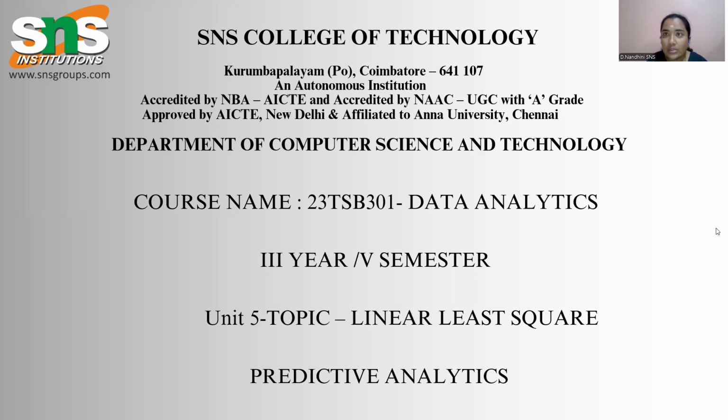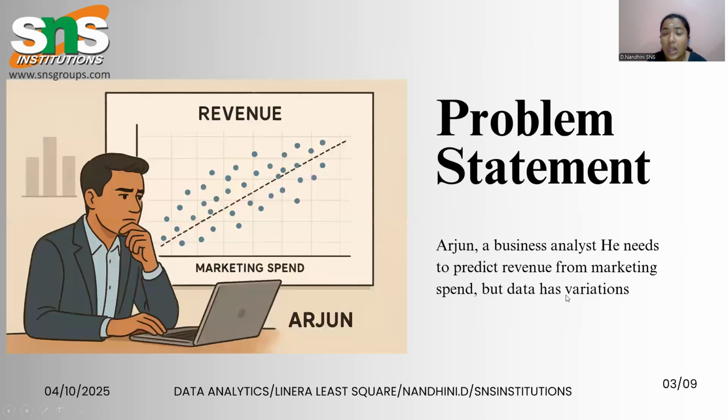In this, we are going to see one problem statement. In that, how we are using this linear least square. The problem statement is that Arjun, a business analyst, needs to have an idea of predicting revenue, how the market has been spent based on the advertisement and promotions.